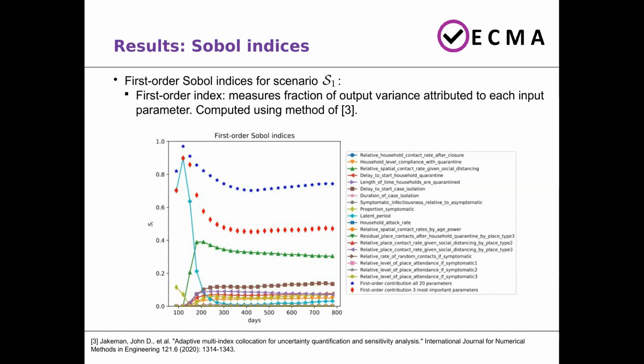So that means that the first order effects account for 80% of the variance. And if you want to account for the remaining 20%, you're going to have to change different parameters simultaneously. Right? The first order index only looks at the single input parameter.